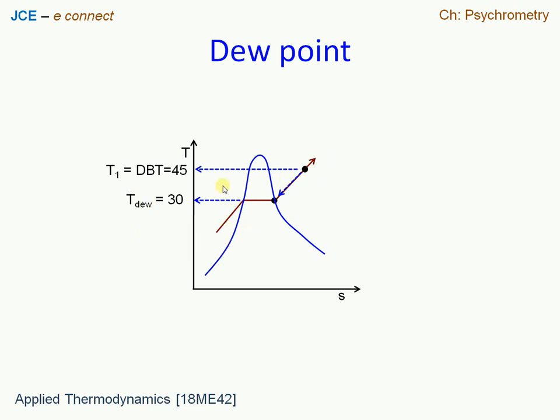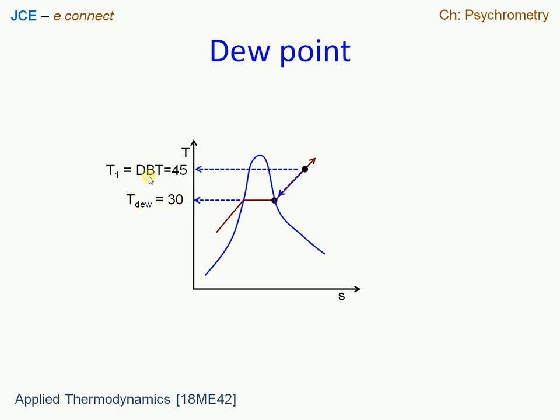So we have a sample of moist air, and the vapor inside it is in the superheated zone. Once we cool this along constant pressure, the vapor begins to condense at a temperature when the sample approaches the saturated vapor curve. The point where dew formation takes place is called the dew point temperature.